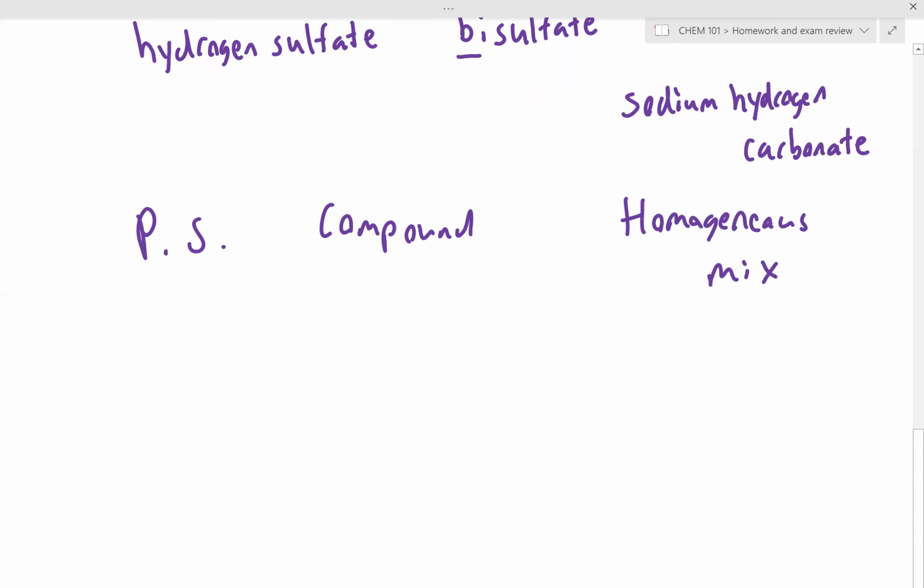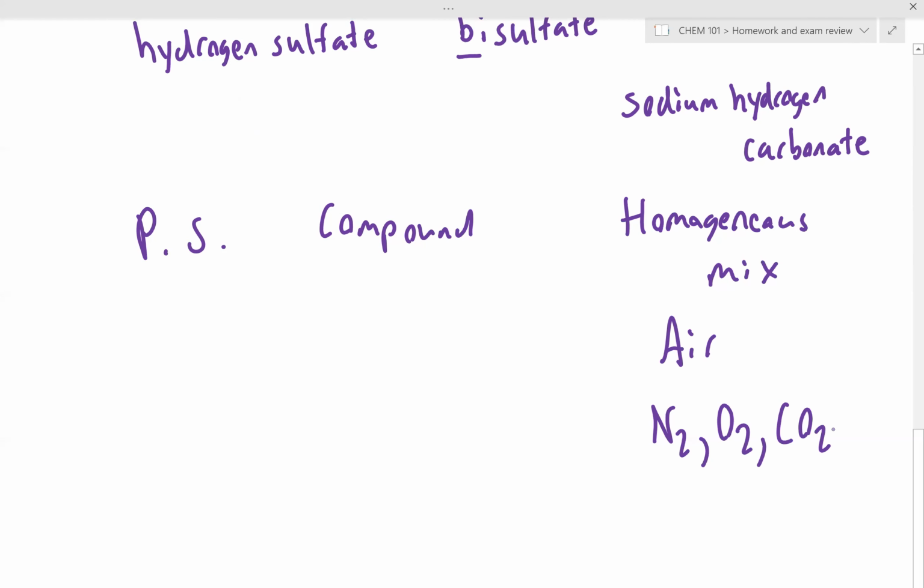Well, that's easy. An example of a homogeneous mixture is the air that we breathe in this room around us. So thinking about this homogeneous mixture, in air, there is nitrogen, oxygen, carbon dioxide, and other volatile components.